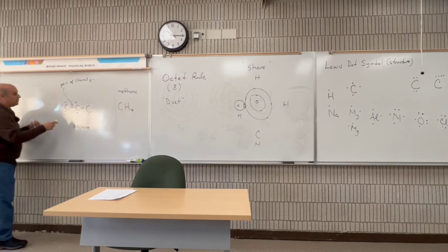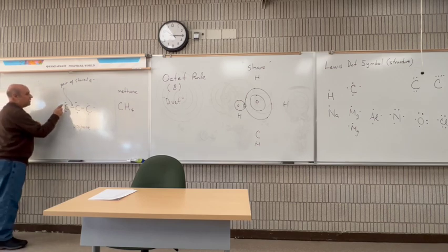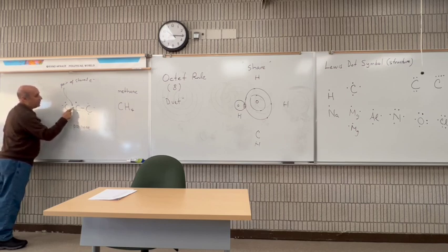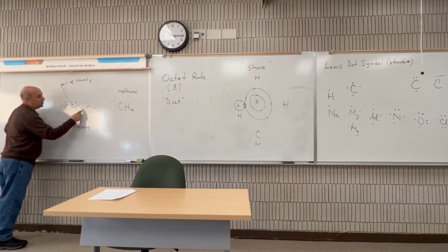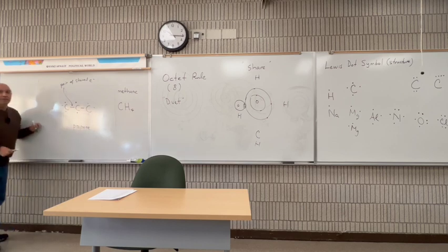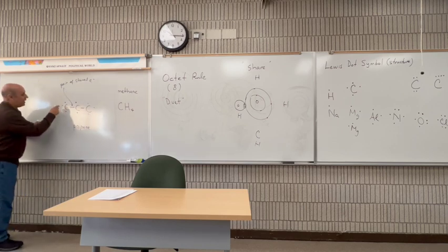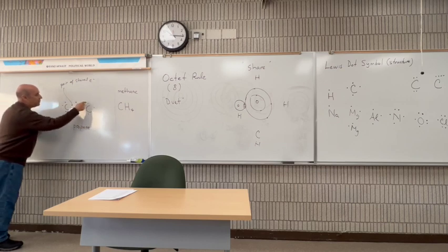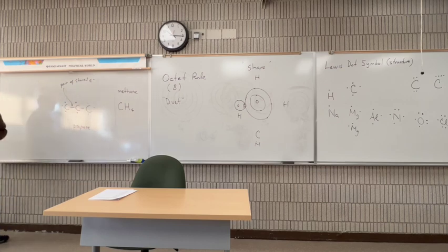Now if we count, this is going to be propane. If we count electrons, this carbon has 1, 2, 3, 4, 5, right? It's still needing 3. This carbon right here has 1, 2, 3, 4, 5, 6. That one is closer to 8. This carbon has 1, 2, 3, 4, 5. So how do we complete the structure for propane? For every dot that doesn't have a partner yet, we're going to add a hydrogen. As straightforward as that.